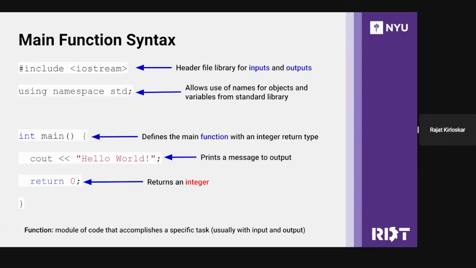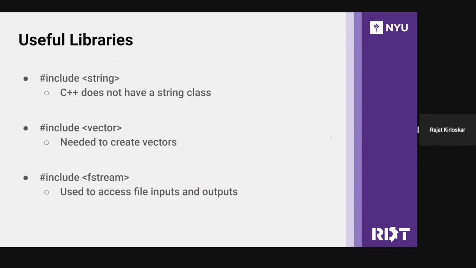Next slide, please. Here are examples of a few libraries that you can use in C++. You have hash include string, hash include vector, and hash include fstream. Basically, you need to include the vector header file if you want to play around with vectors in your code.